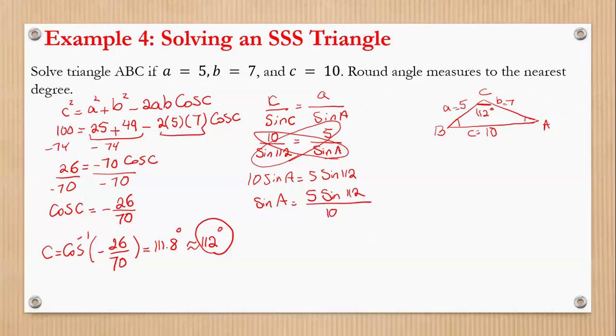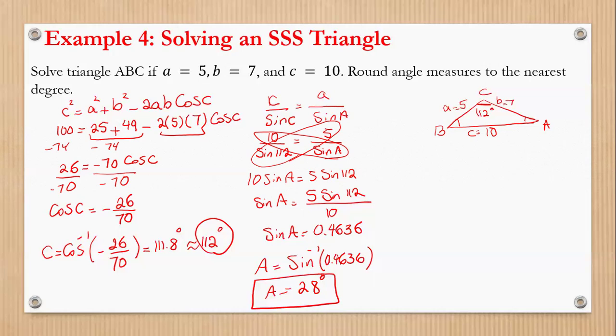And if I put this in the calculator, I can get sine A, which is equal to 0.4636. Then I'm going to use the sine inverse key to find the angle for this answer. And the answer would be 28 degrees if you round it to the nearest degree.